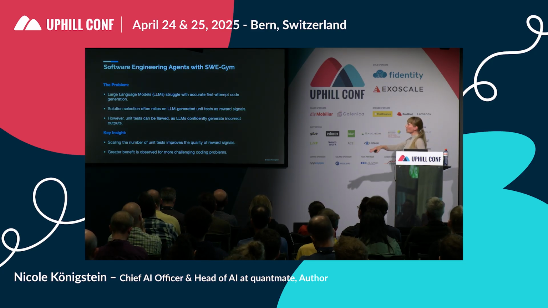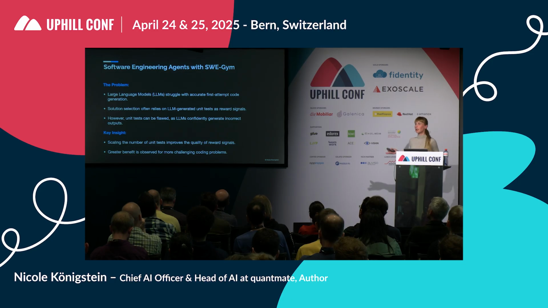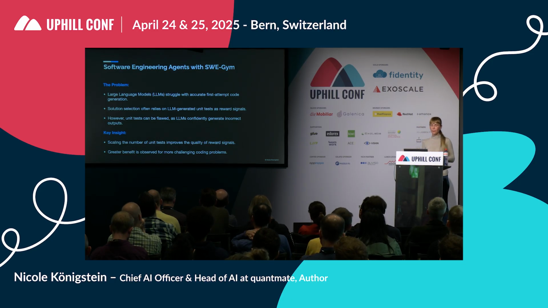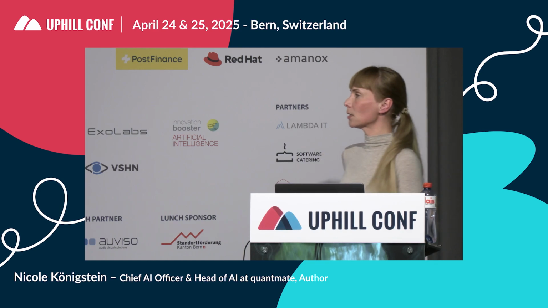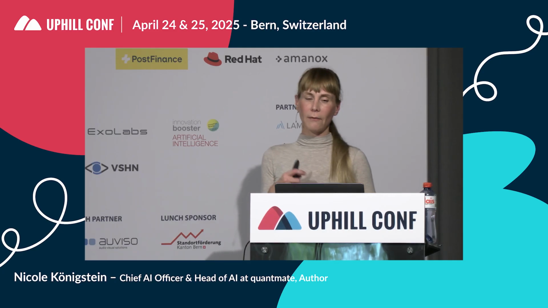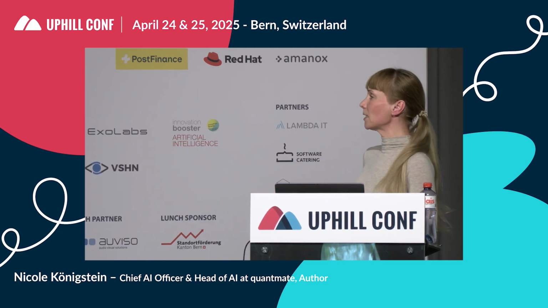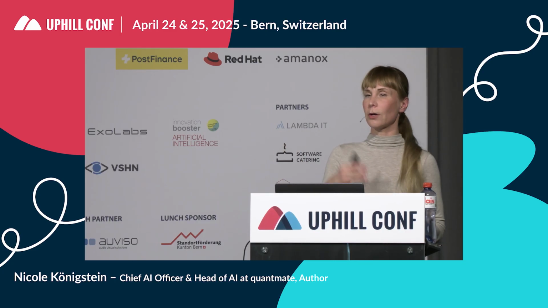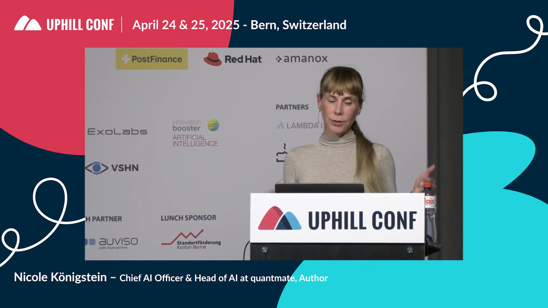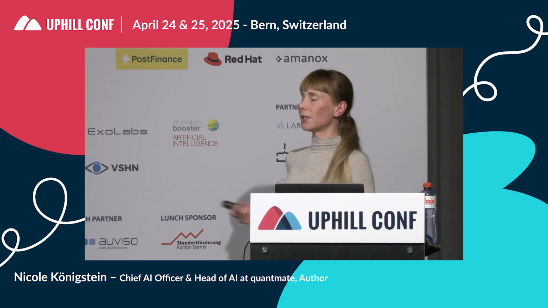And here again, you see that large language models struggle with accurate first-attempt code generation. So you really want to improve that, and with this you have a way of doing so. The key insight I want to leave you with is that if you scale the number of unit tests, it improves the quality of the reward signal for the reward model, and you get a greater benefit for challenging code problems.